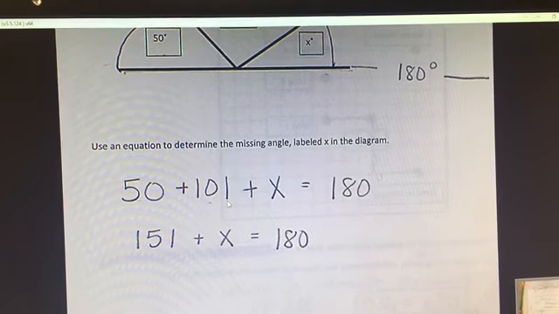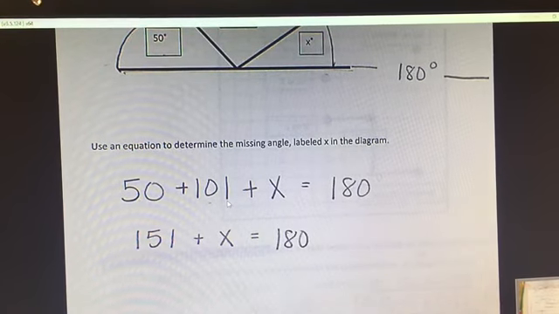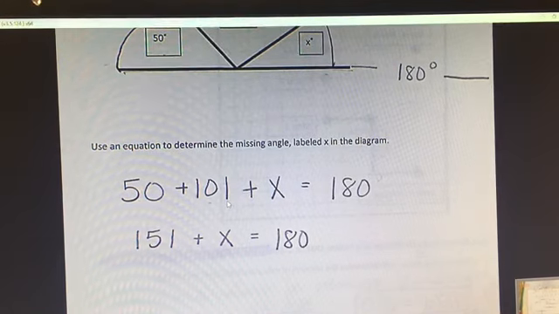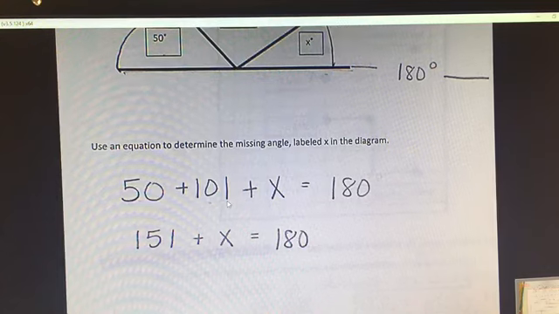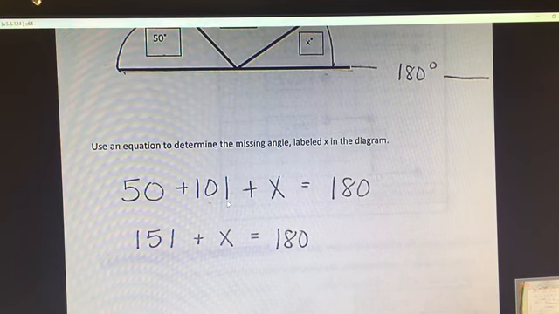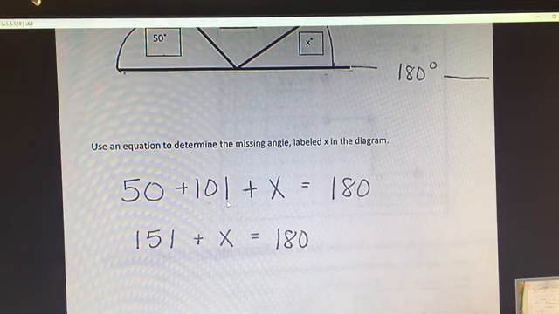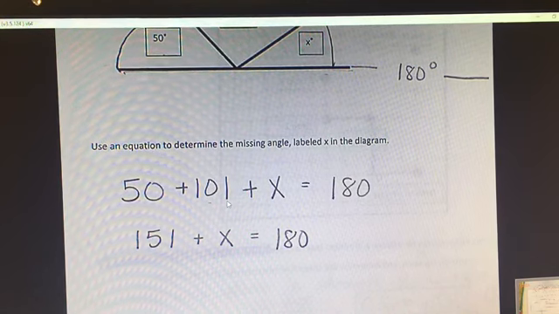Okay. Then you need to solve for x. And you do need to solve for x the Eureka way. We talked about how we've been solving for x, and I showed you kind of the easier way to set it up. You need to make sure on this test you do it the way that they want.